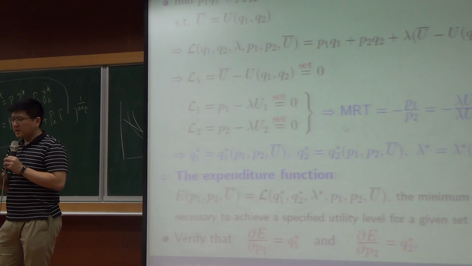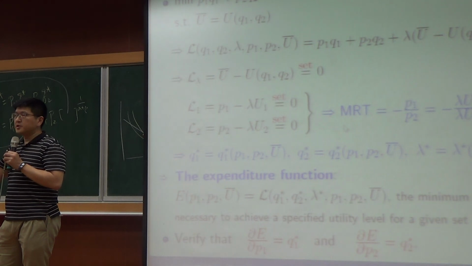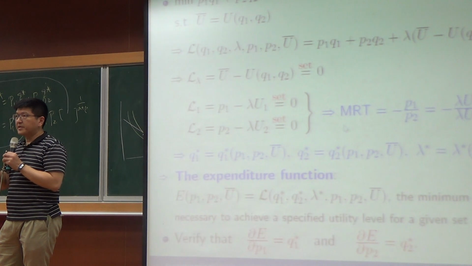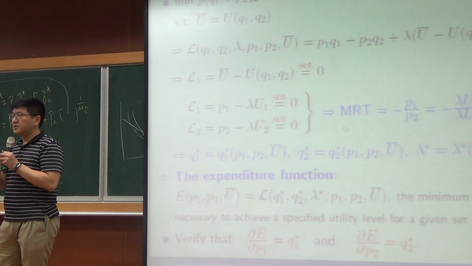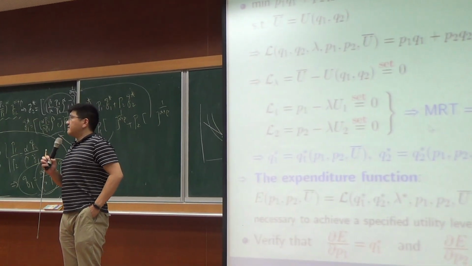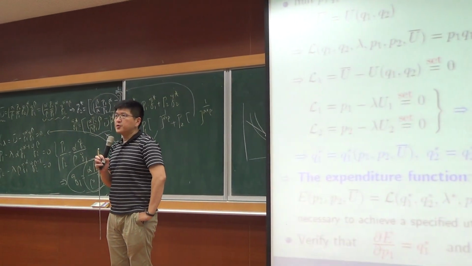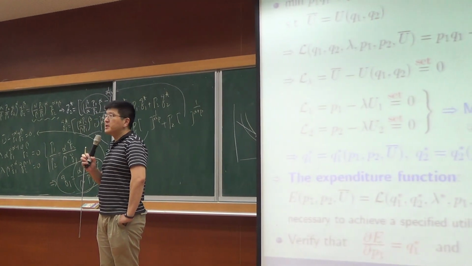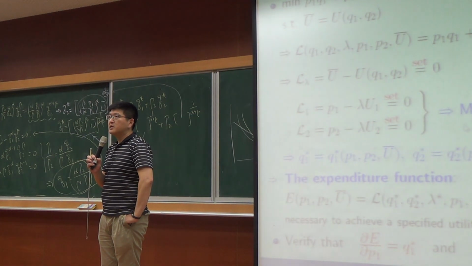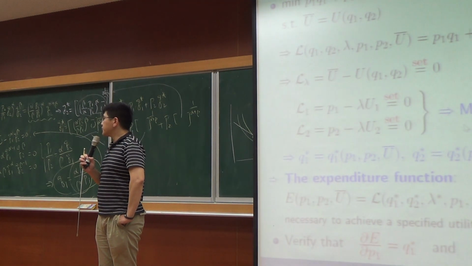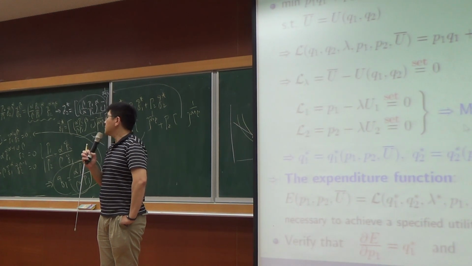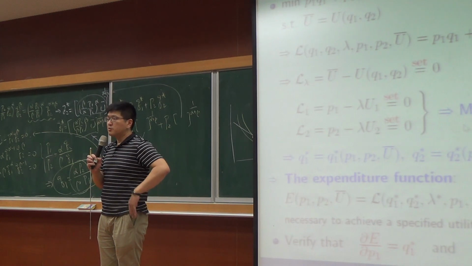It means if you want to reach the same required utility level, and you are facing an increase of P1 by 1 unit, the extra expenditure you have to pay would be Q1 star, which is your consumption level. So the more you consume, the higher the impact of the price increase will be. So you have to pay more.